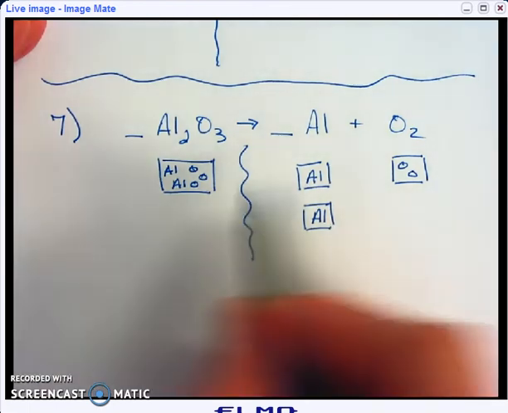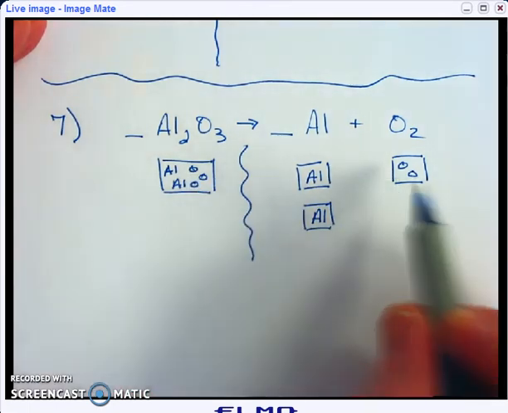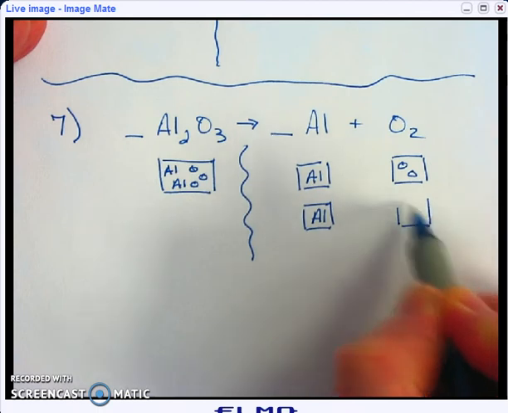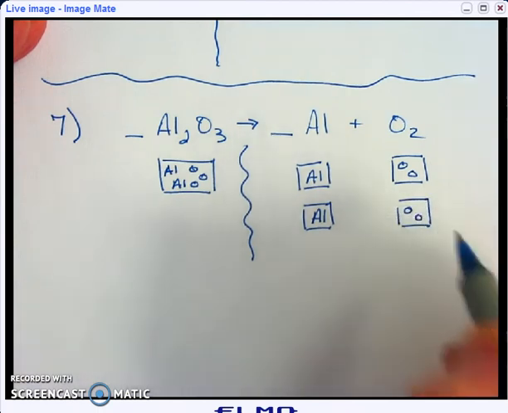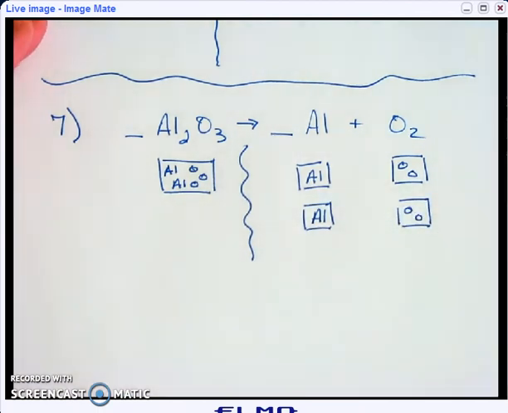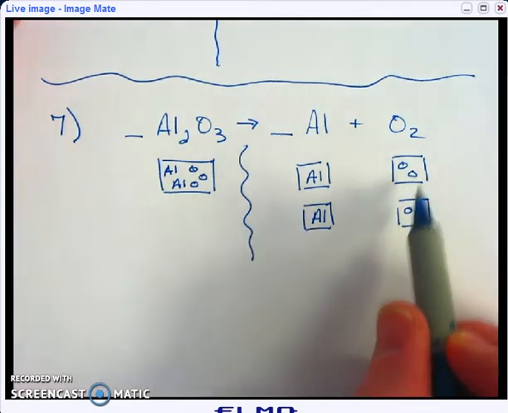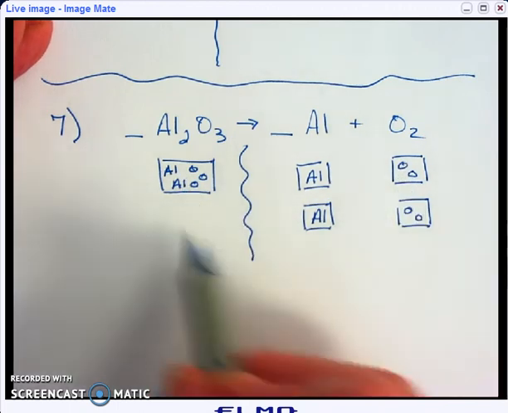Okay, since I have 3 on this side and 2 on this side, she wants to add some more oxygen. So I have to clone the box. Still doesn't match up, but as we go along, some of you will probably start seeing what's going to happen eventually, right? So it's just as easy to go back and forth.